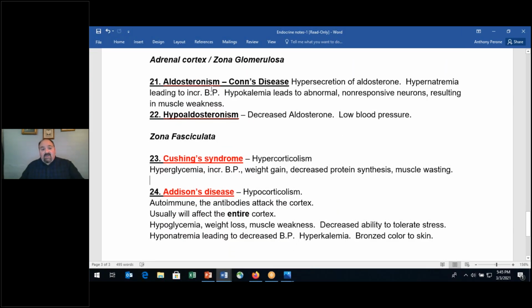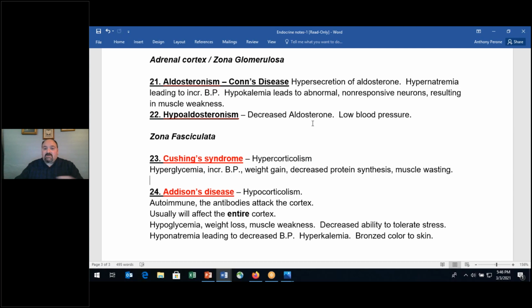Aldosteronism, also known as Conn's disease, and hypoaldosteronism. Here we have a hypersecretion of aldosterone and a decreased secretion of aldosterone. Again, remember I said that aldosterone is involved in sodium reabsorption, and water will follow sodium, so there's an increase in absorption of water, which will increase blood volume, which will do what?